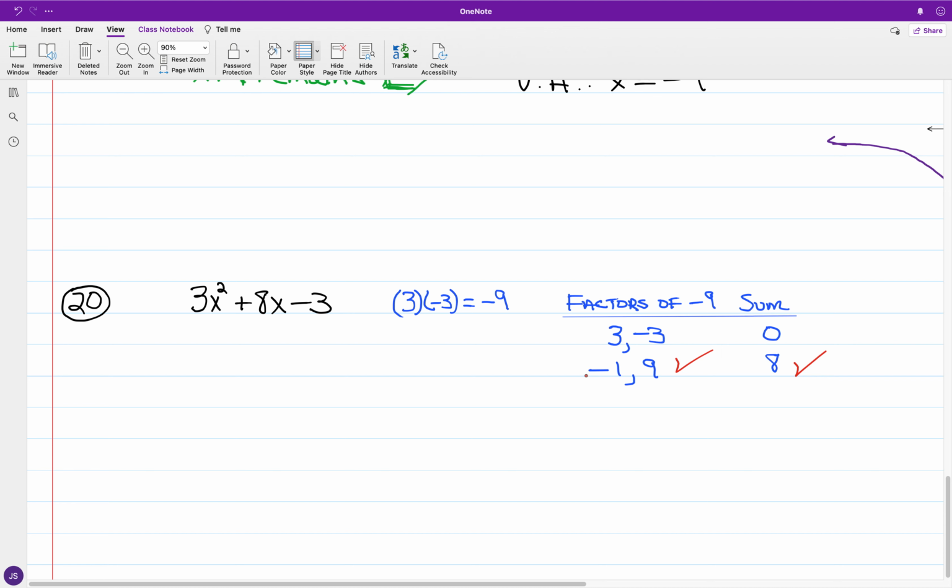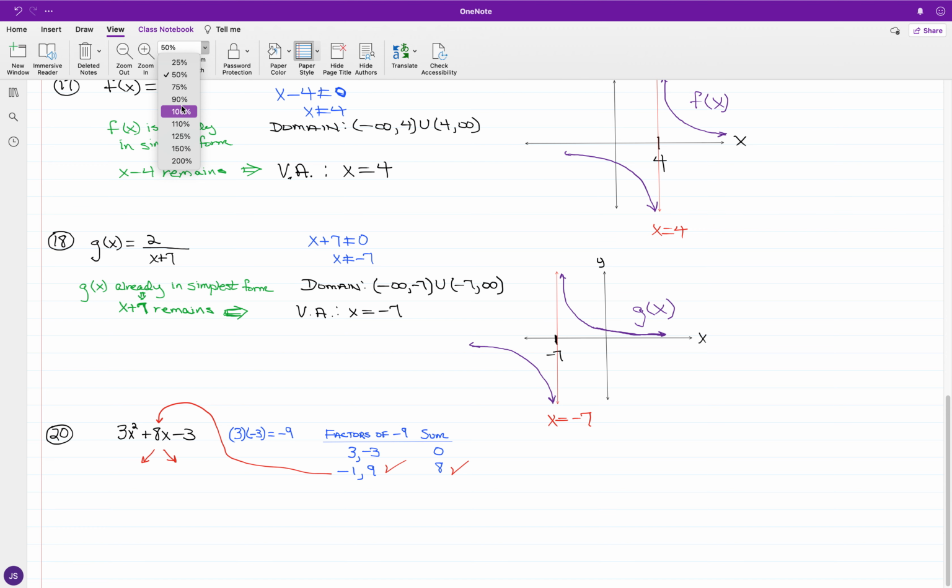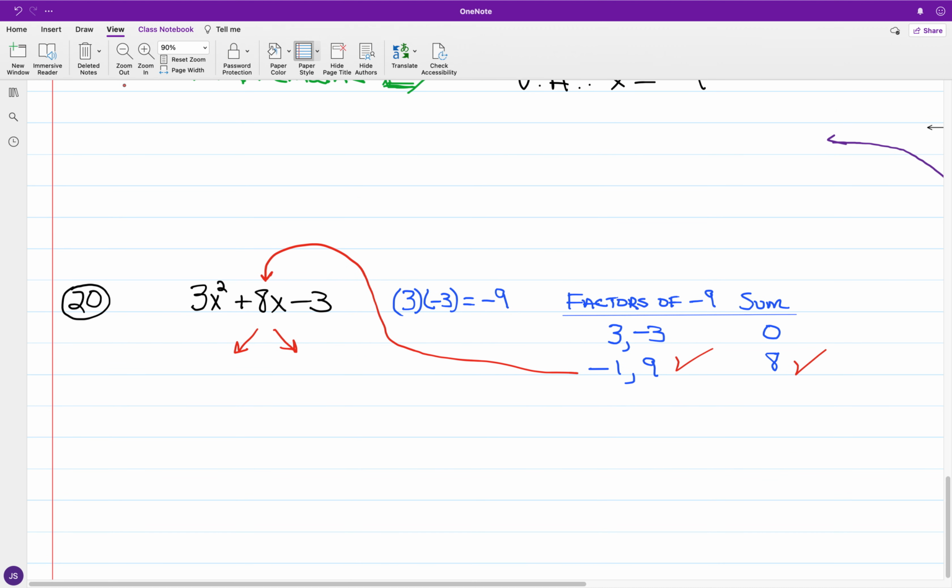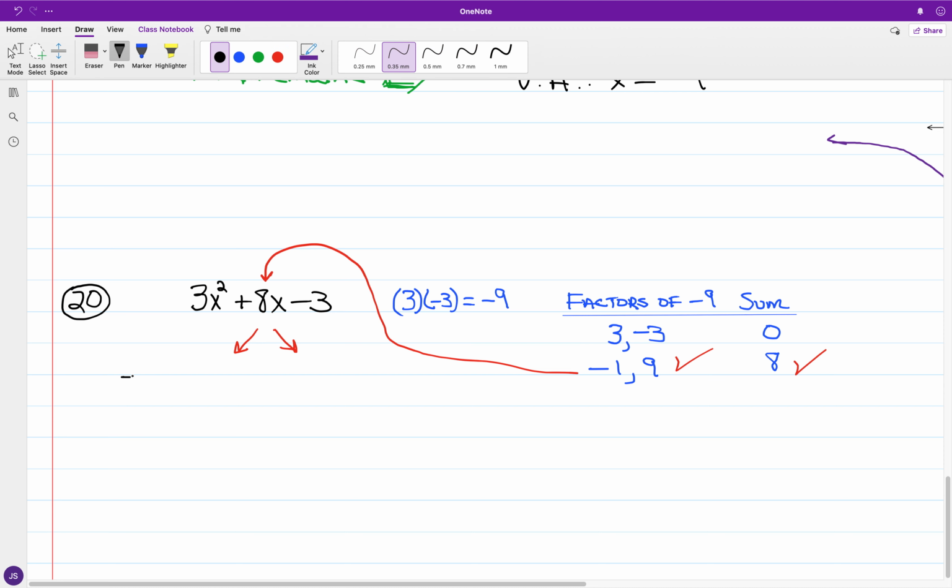Taking what we have and splitting up: it doesn't matter which one comes at the front, but in terms of grouping and not worrying about factoring out negatives and making sure your signs are correct, I normally place the negative term in front of the positive, to ensure that the middle operation, once we group together, will be addition.